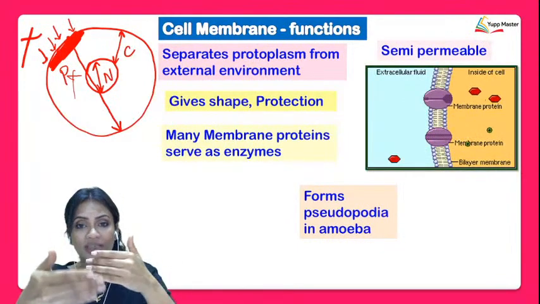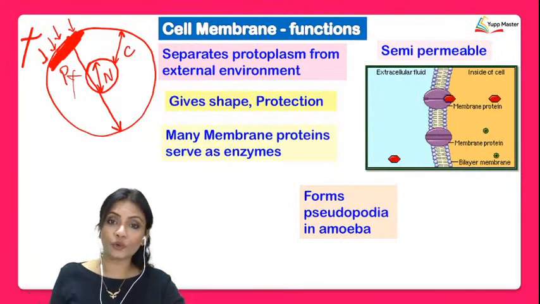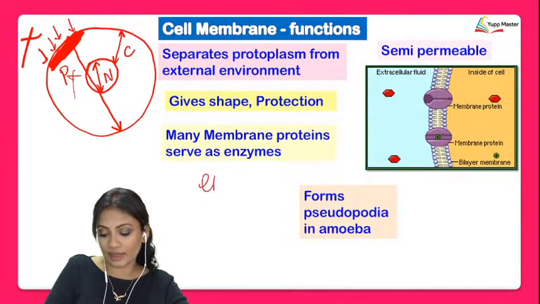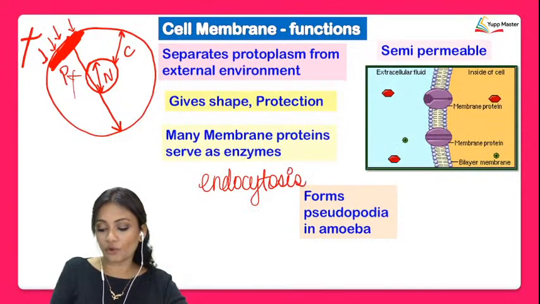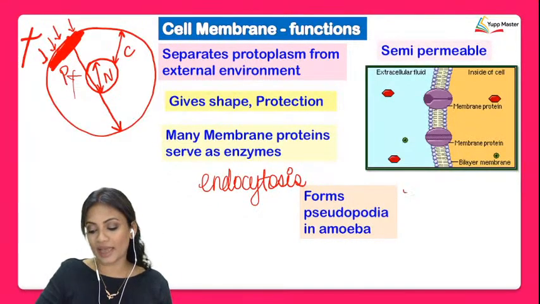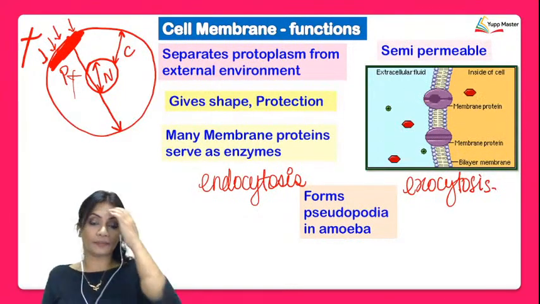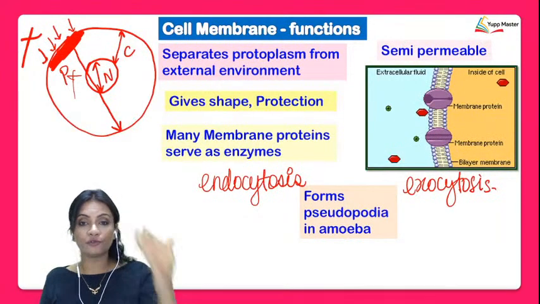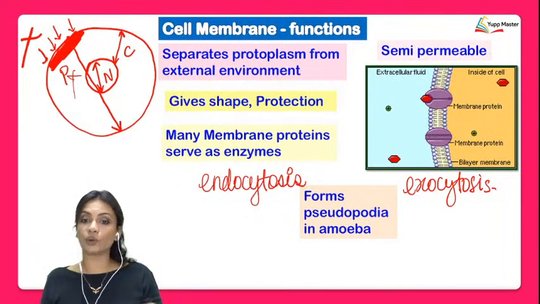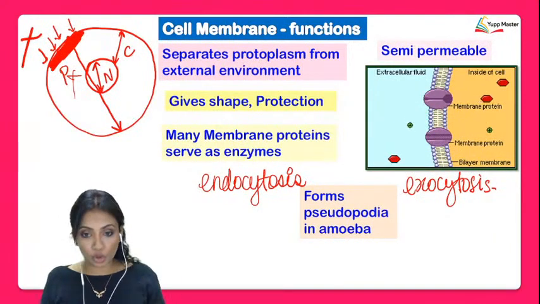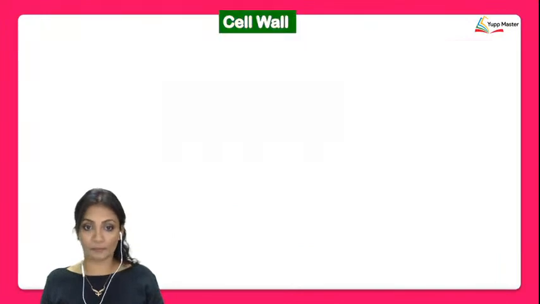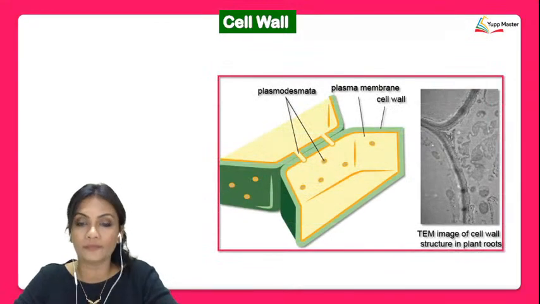This process where it is taking food in can be called endocytosis, and when it wants to throw food out, you may call it exocytosis, or rather wastes out, alright. So, this whole process of taking food in or throwing waste out is going to be done by the pseudopodia found in amoeba, okay.